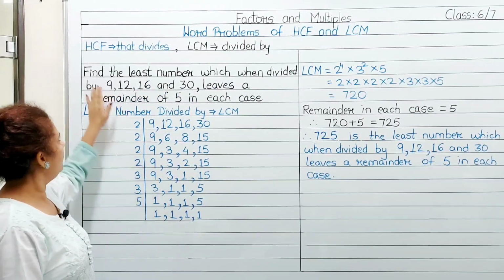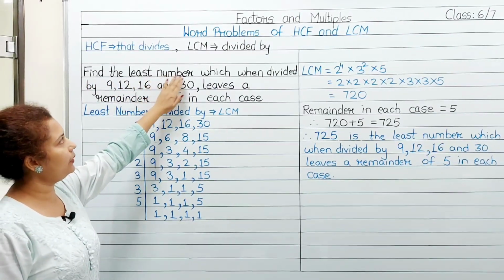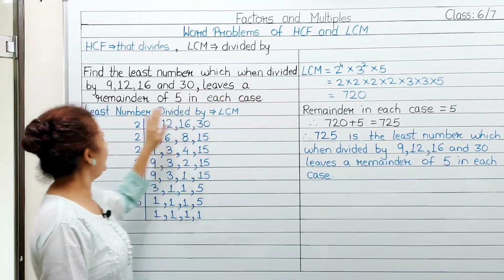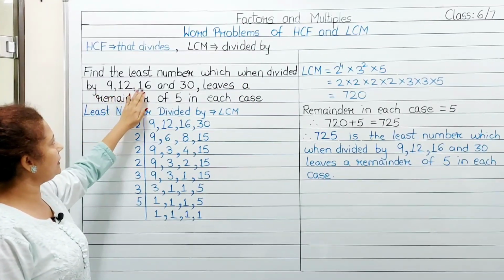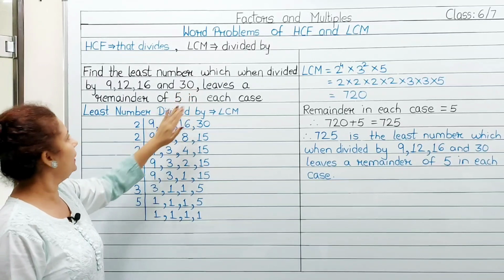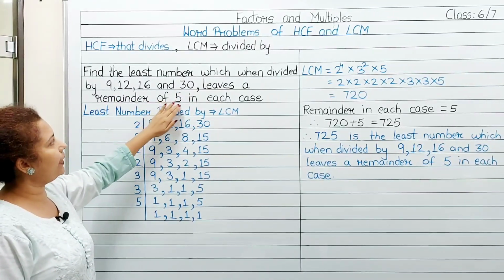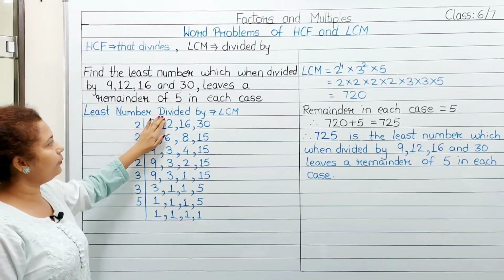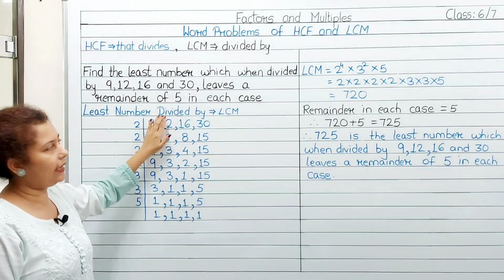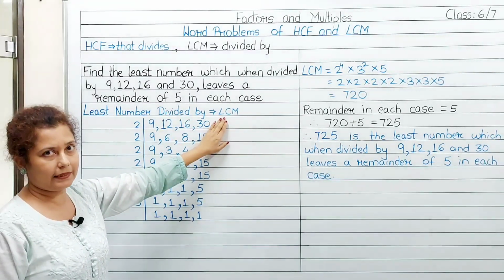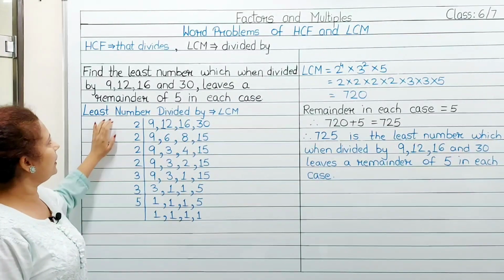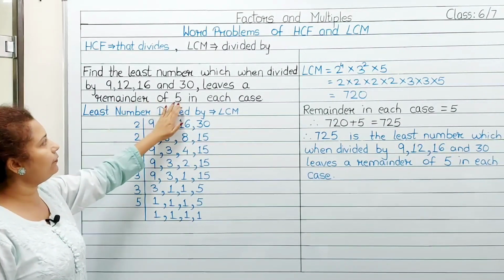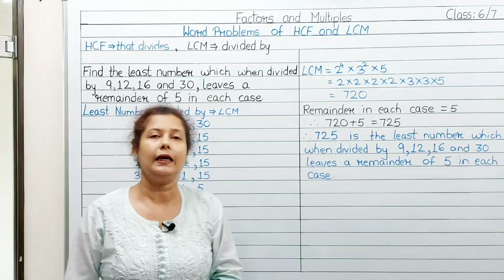Next sum is find the least number which when divided by 9, 12, 16 and 30 leaves a remainder of 5 in each case. Least number divided by is given, that means we have to find LCM. Second thing is given that leaves a remainder of 5 in each case.